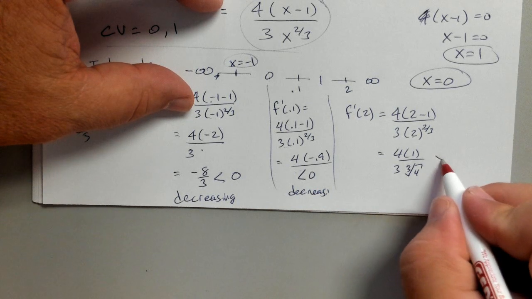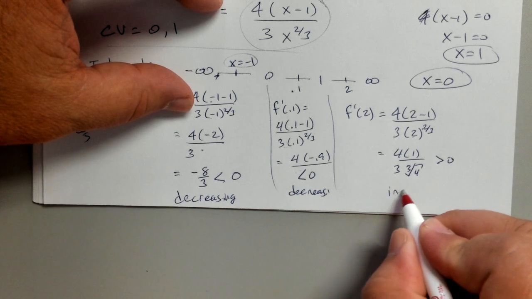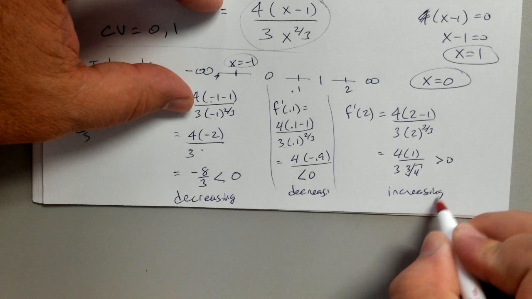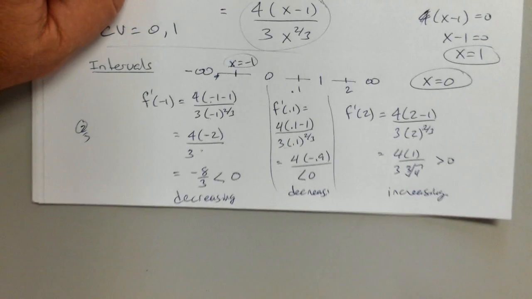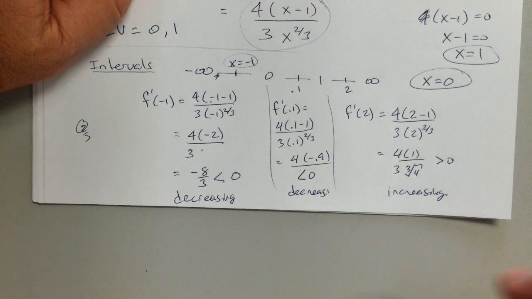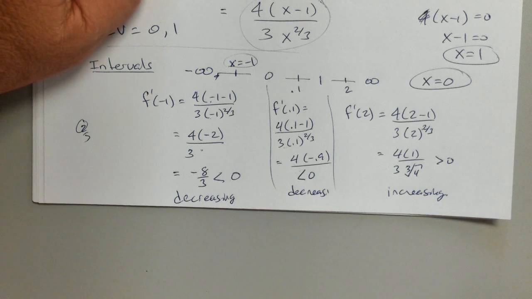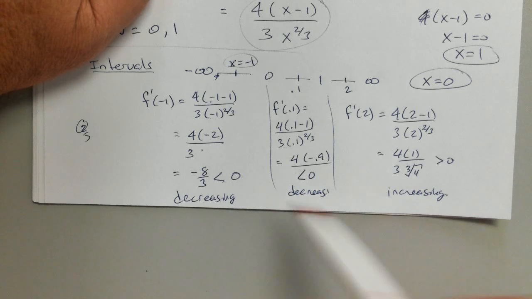It's going to be positive, so it's increasing. You can use calculators if you want, but all we're doing here, since we're looking for intervals where it's increasing or decreasing, is seeing if the first derivative at the x value we pick is going to be positive or negative.